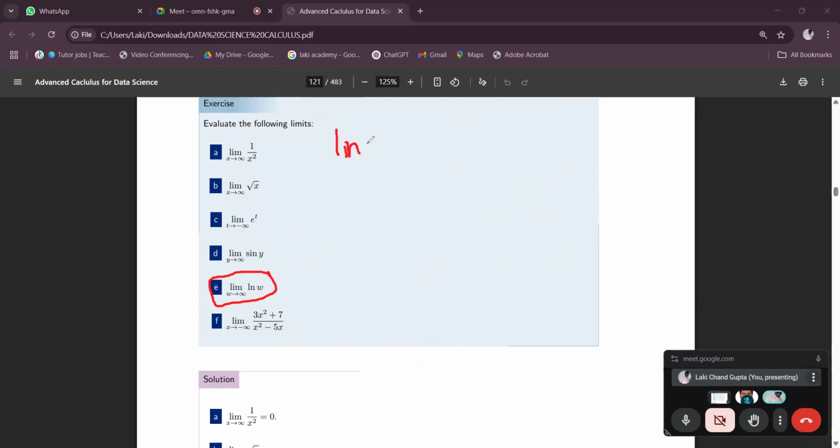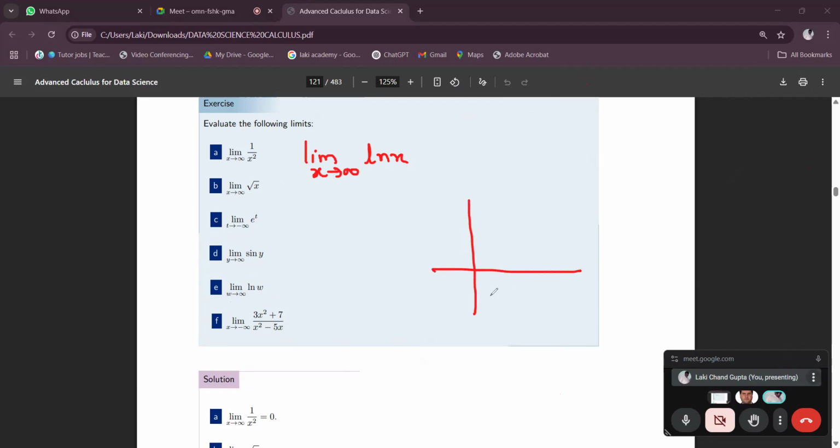ln x. What is the limit as x tends to infinity? You know ln means log to the base e, right? So what will be the value of log x when x tends to infinity?